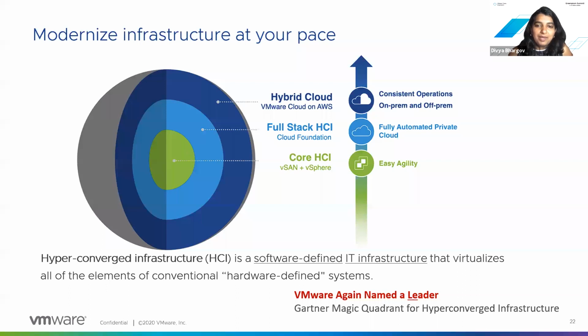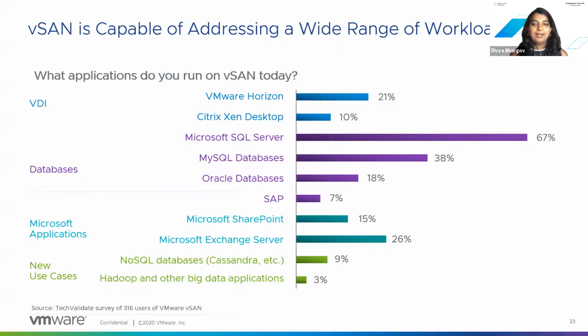It's easy to ask, does it make sense to have a database in this virtual infrastructure? Is it safe? Does it make it slow? If you go to my next slide, it turns out that databases are perfect candidates to sit on the virtual infrastructure. There was a survey conducted among our vSAN users, and as you see here, the biggest space is occupied by databases.